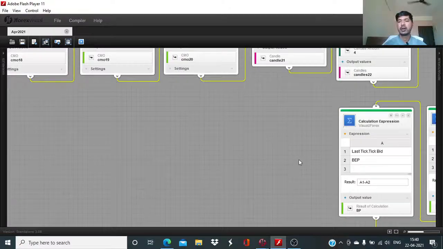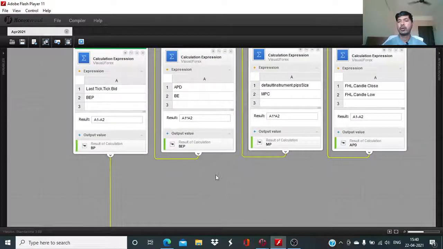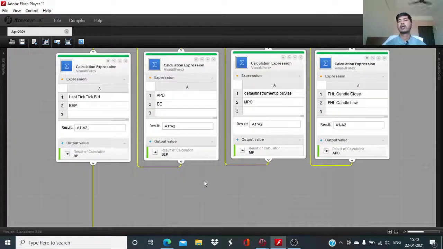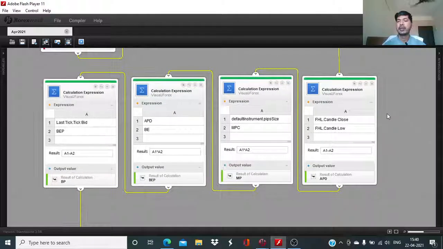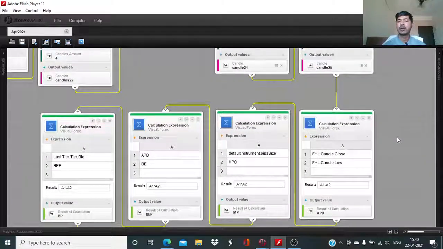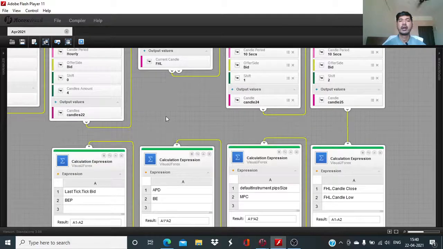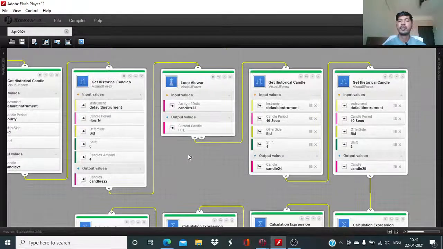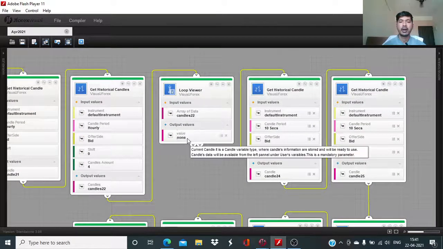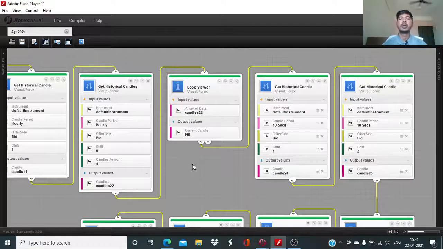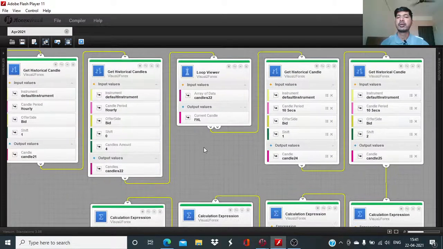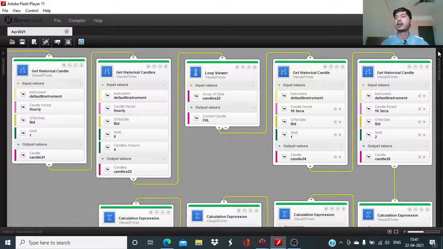So the first thing we need to do is get a couple of calculation expression blocks, and here I will have to deduct the FHL candle close from the FHL candle high. FHL is this array of data, and we will be using individual variables. So let us get started.